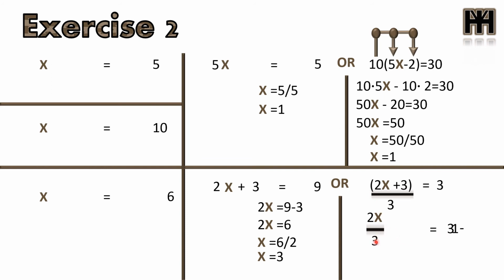So we have 2x over 3 equals 3 minus 1, which is 2. Then we can send the 3 over, so 2 over 3 becomes 3 over 2. As x is multiplied by 2 and divided by 3, we send the 3 to be multiplication and the 2 to division, as it's reversed. So 2 will cancel out with the 2. So x is equal to 3.